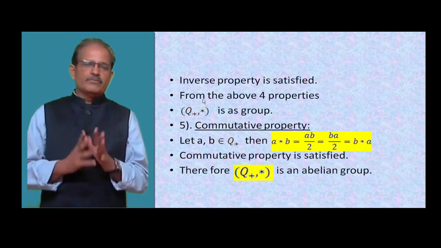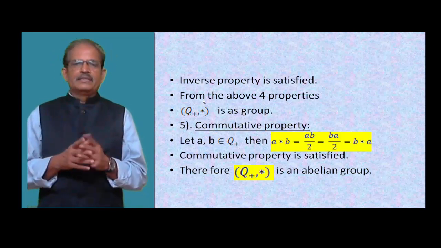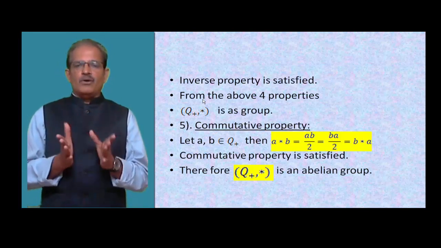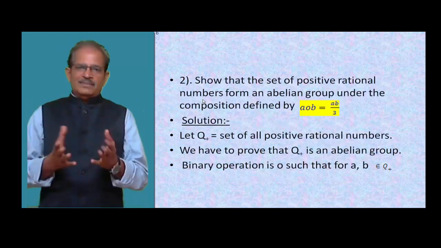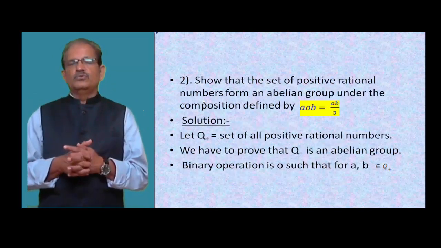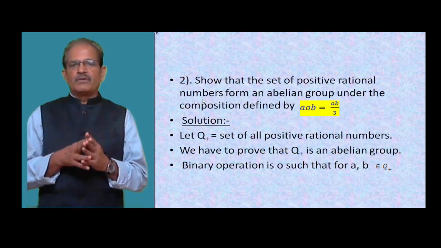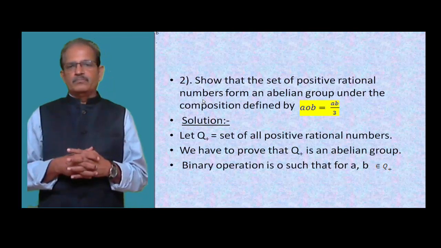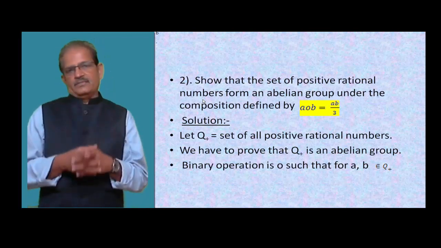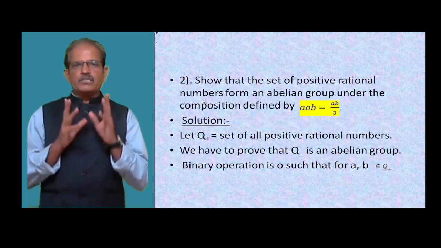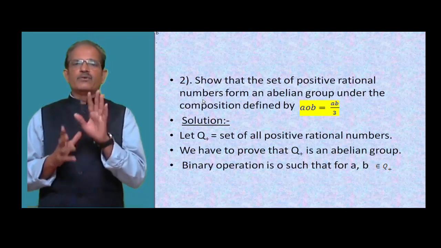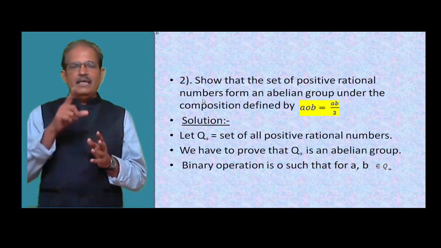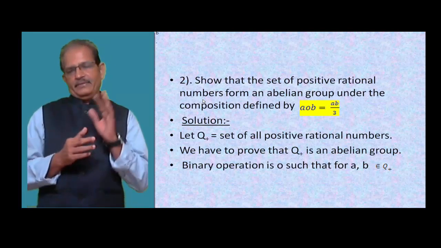So by this problem, finally, we have proved that the set of all positive rational numbers with the given binary operation star forms an abelian group. Similar type of problem, to improve or to develop confidence in the topic, I would like to solve another problem. Take this: show that the set of all positive rational numbers forms an abelian group under the composition defined by A O B is equal to AB by 3.